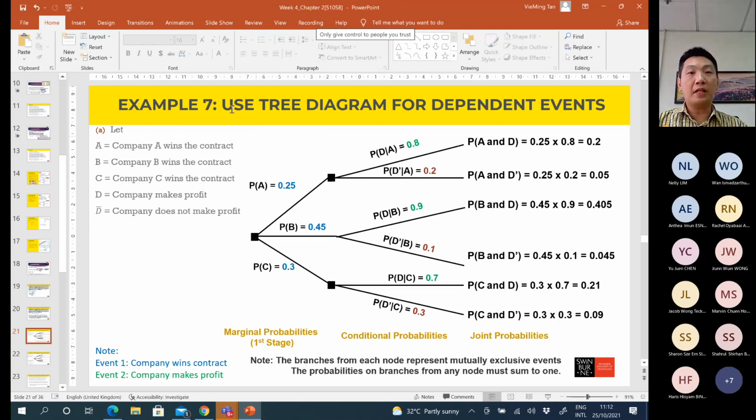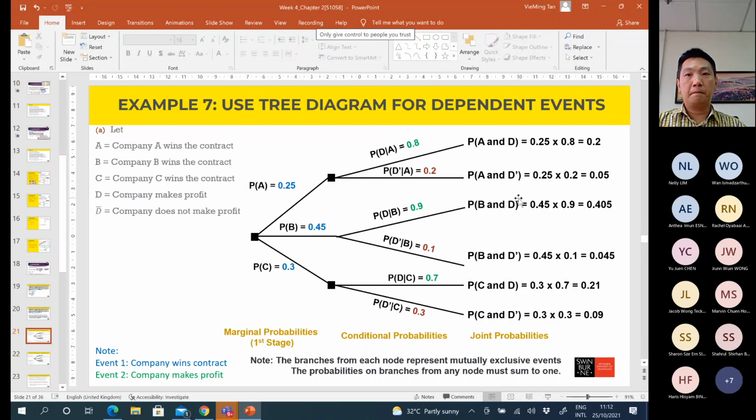So you put the symbol first for each event, right? Then the next step is you try to draw for the first event. There will be 3 possible outcomes. Right? First event is about company wins the contract. So you try to draw 3 possible outcomes. And then second event, there are 2 possible outcomes, either making profit or making a loss.